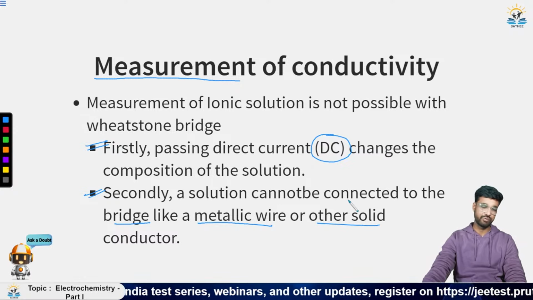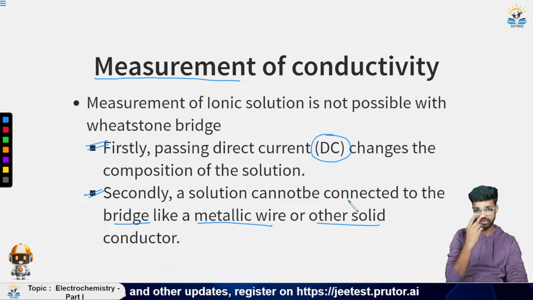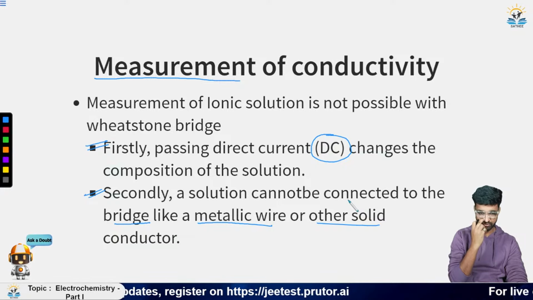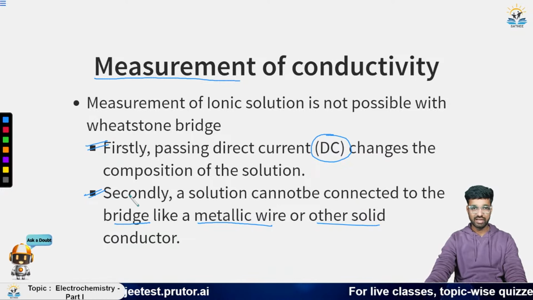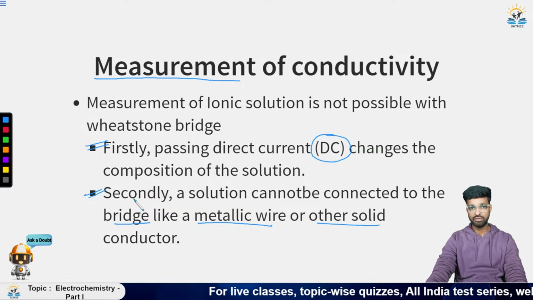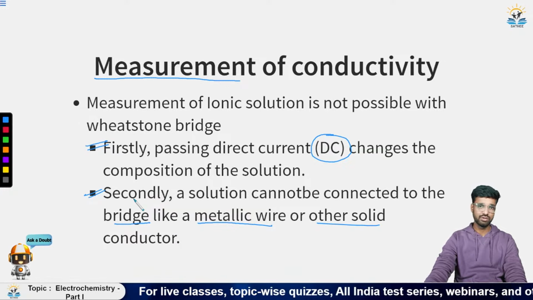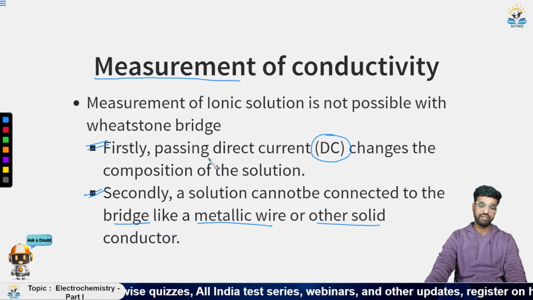There you simply connect it with the wire and change the distance accordingly, and then you get the resistance of the given wire. But in the case of an electrolyte, it is difficult to conduct such an experiment. So we cannot use the Wheatstone bridge to calculate the resistance or conductivity of the given ionic solution.